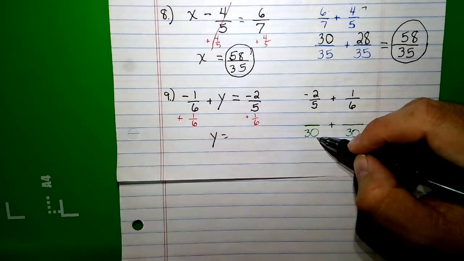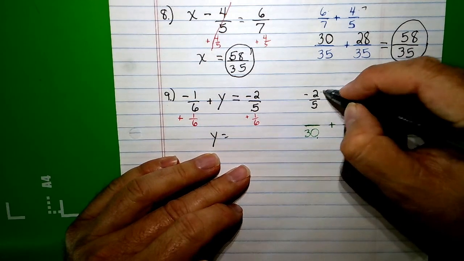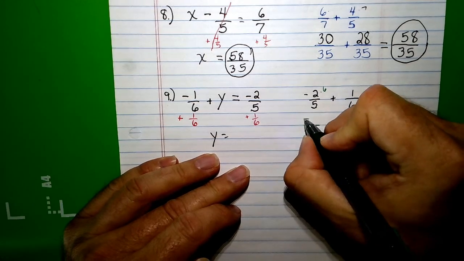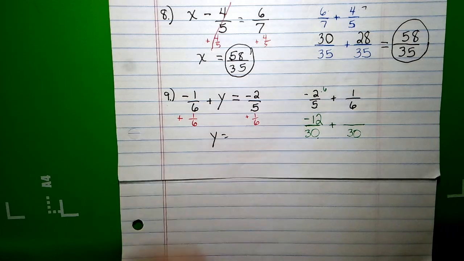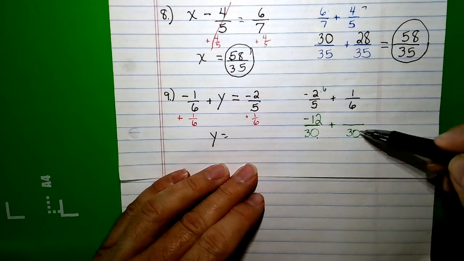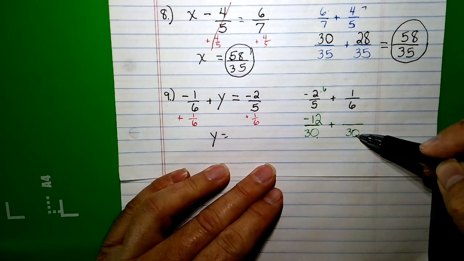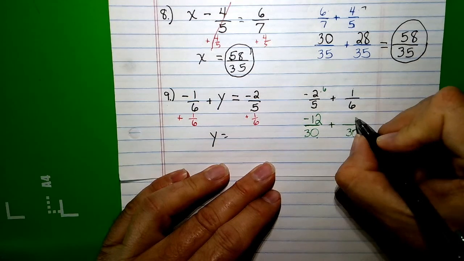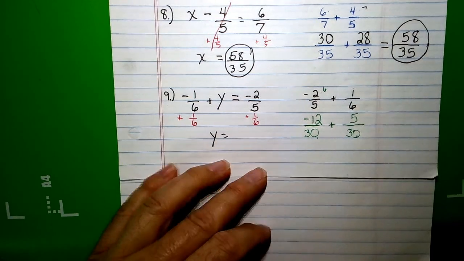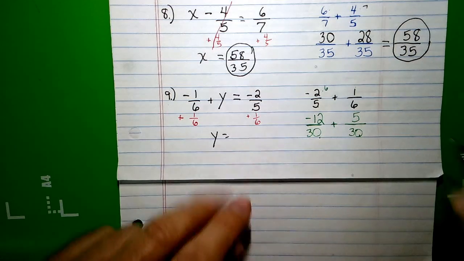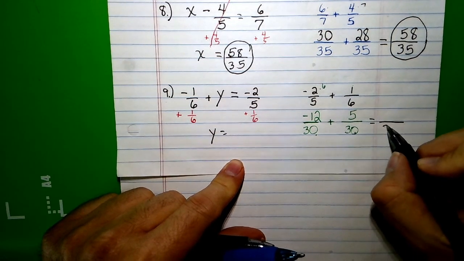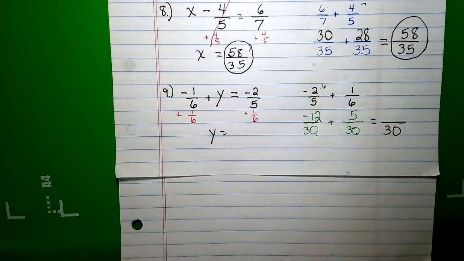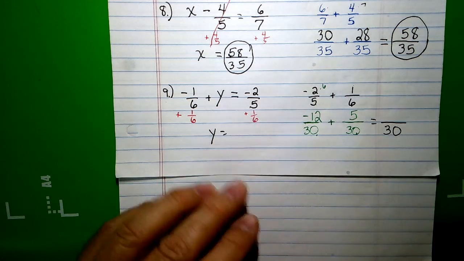Five goes into 30 6 times. Negative 2 times 6 is a negative 12. 6 goes into 30 5 times. 1 times 5 is 5. And let's see. Keep that 30 and combine the numerators.